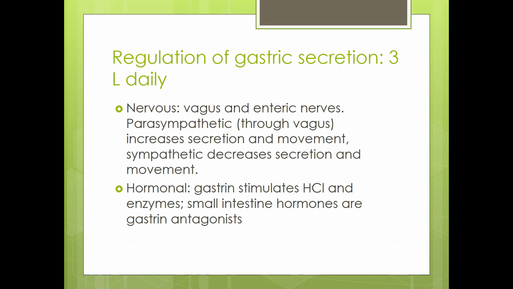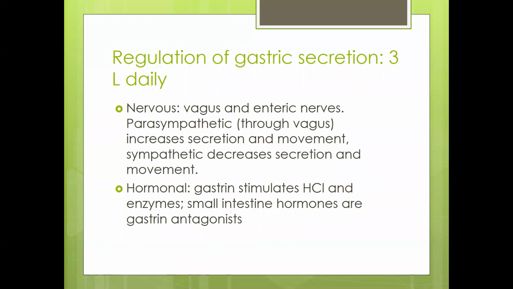We've got two ways, just like how everything works: nervous control and hormonal control. Because parasympathetic is the feed or breed response, obviously the vagus nerve is going to be what controls digestion, and the enteric nerves as well. So your gut brain.